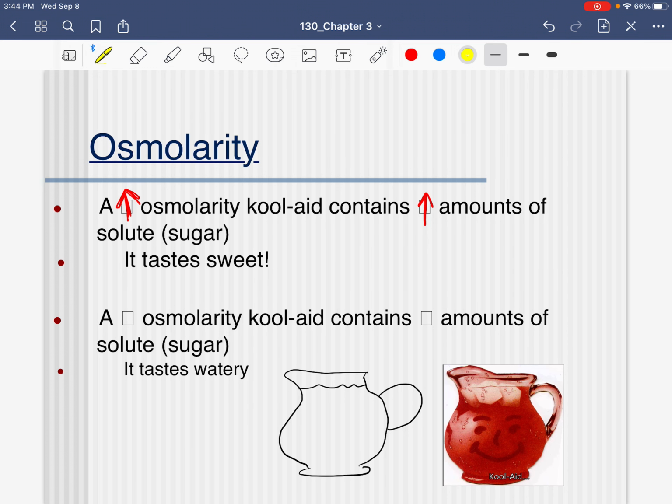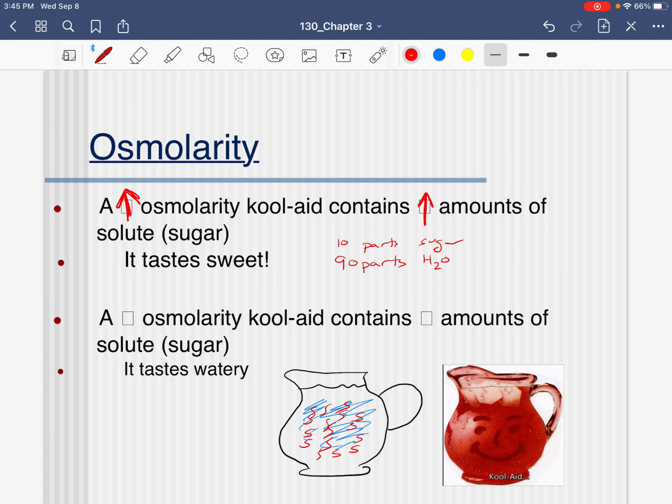What is that Kool-Aid going to taste like? If we have some water, but we have a lot of sugar. Let's say I have 90 parts water and I have 10 parts sugar.